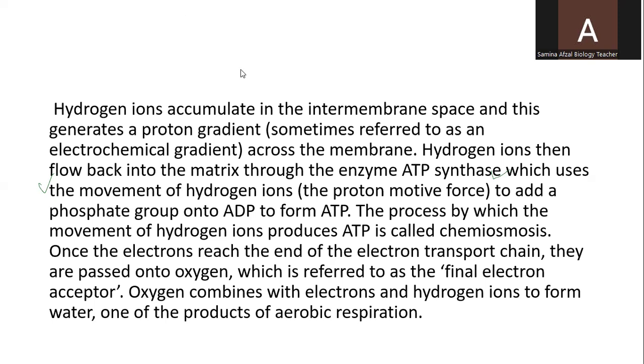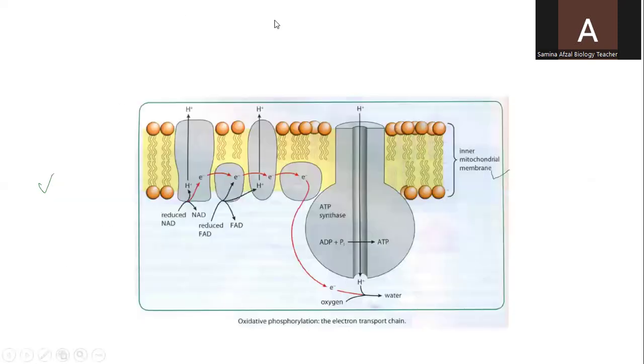We will move towards this diagram. I will explain it again, which I have read before. So you can see in this stage, the reduced NAD and reduced FAD will help.